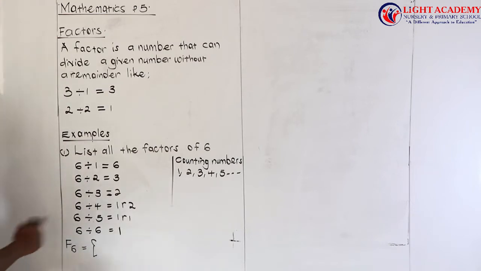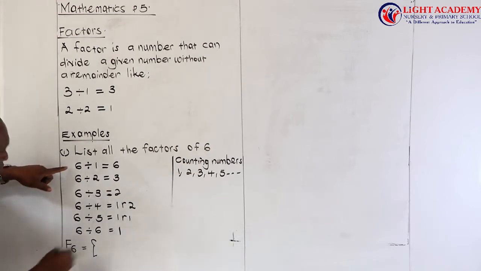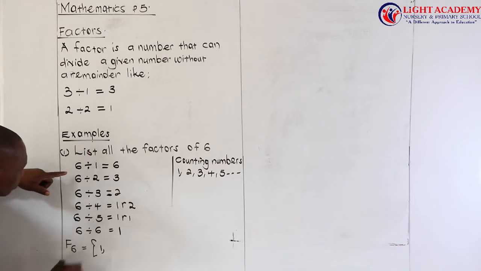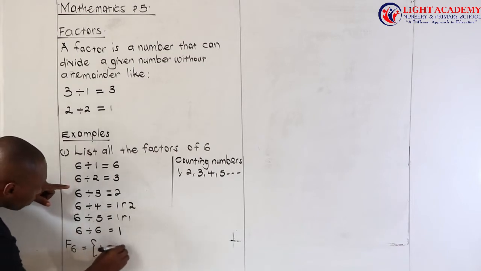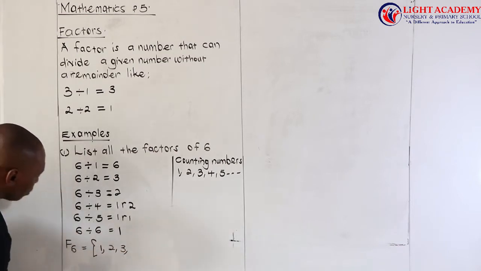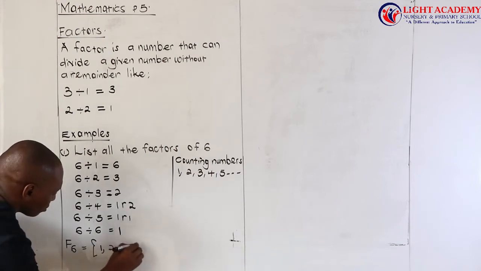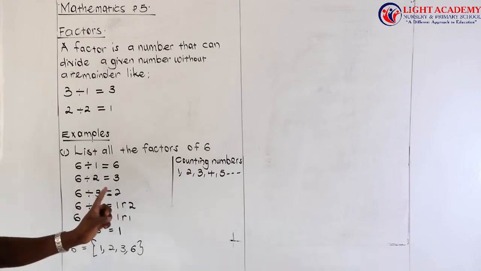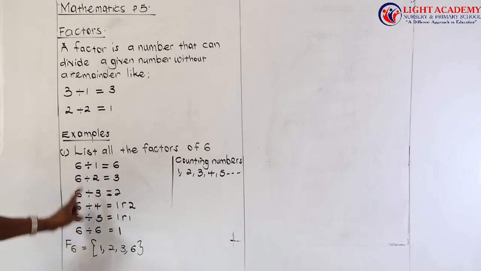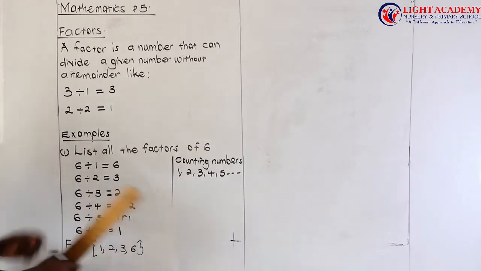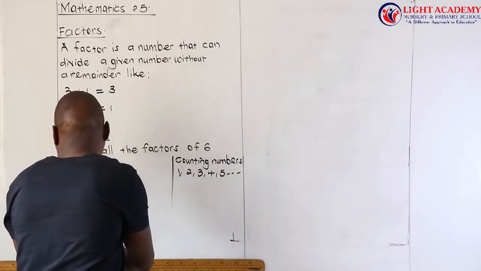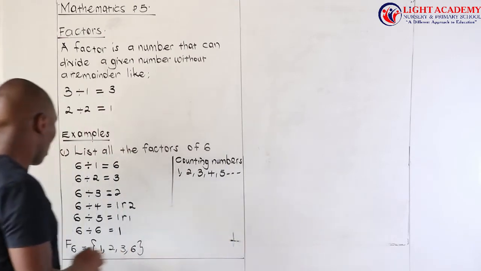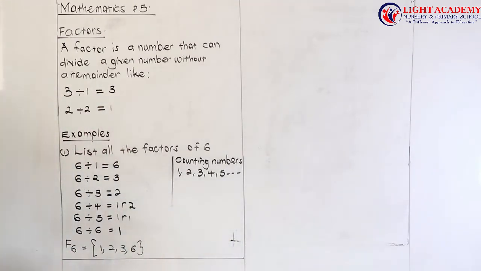So the numbers without a remainder when dividing 6 are number 1, number 2, number 3, number 6. So the ones that I divided into 6 and they did not give a remainder are the ones we are taking to be the factors of 6, and they are 1, 2, 3, and 6.